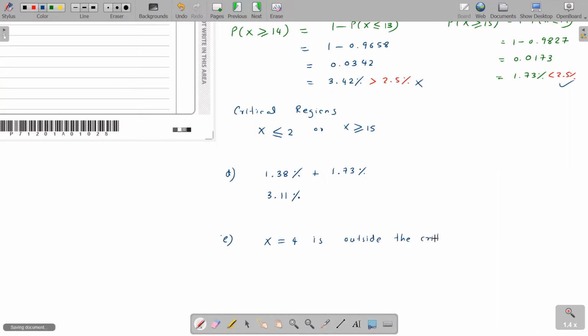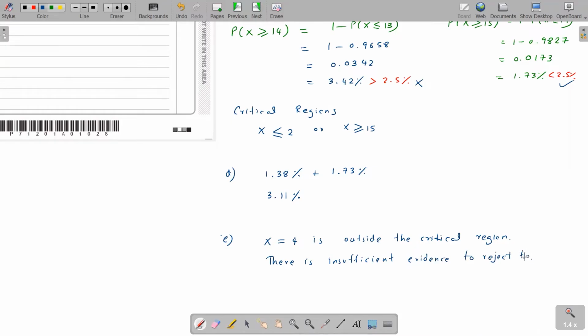Therefore, do we have evidence or insufficient evidence? When you are outside the critical region, there is insufficient evidence to reject H0.